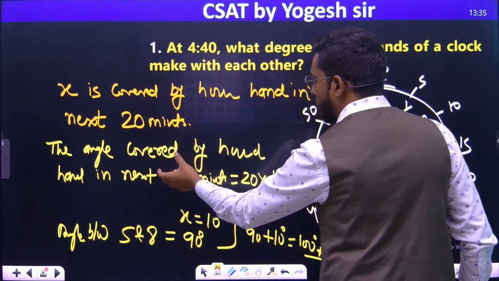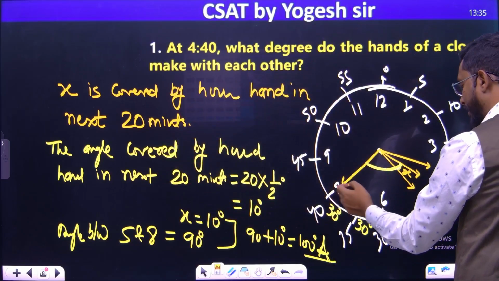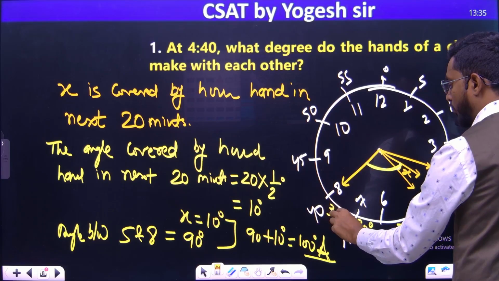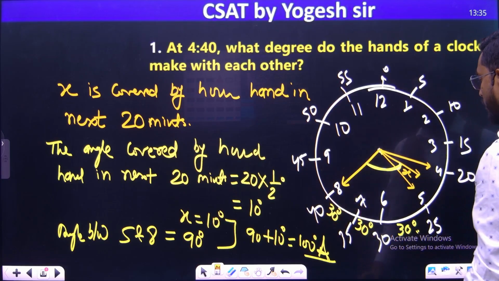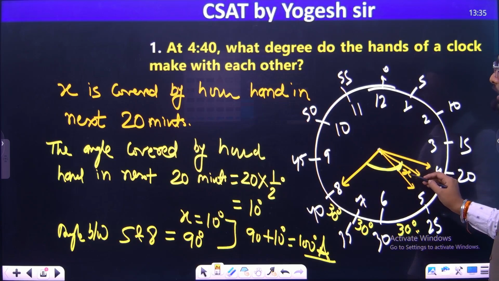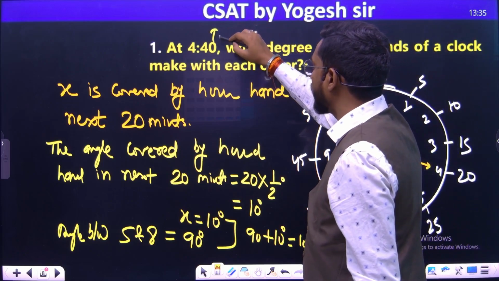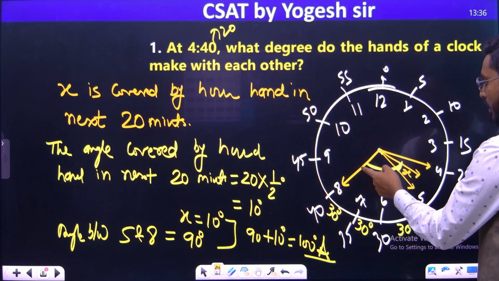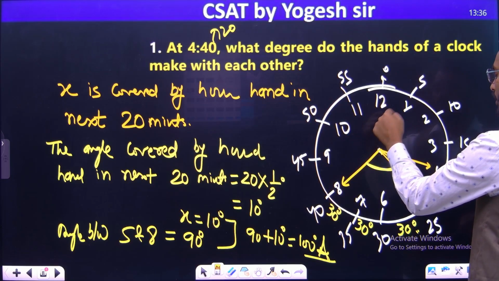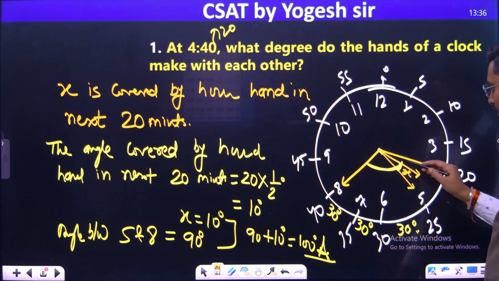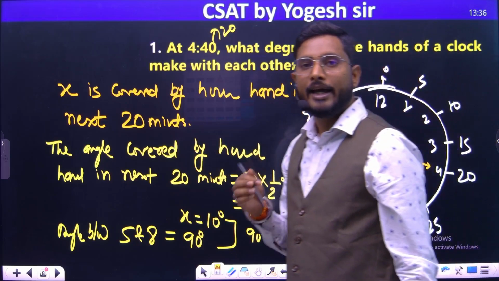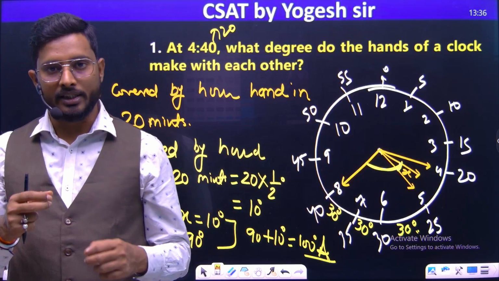The angle between 5 and 8 is 90 degrees, because the angle between two consecutive numbers is always 30 degrees. The minute hand is at 8 and will reach 12 in 20 minutes, and in those 20 minutes the hour hand reaches 5, so angle x is covered in the next 20 minutes.